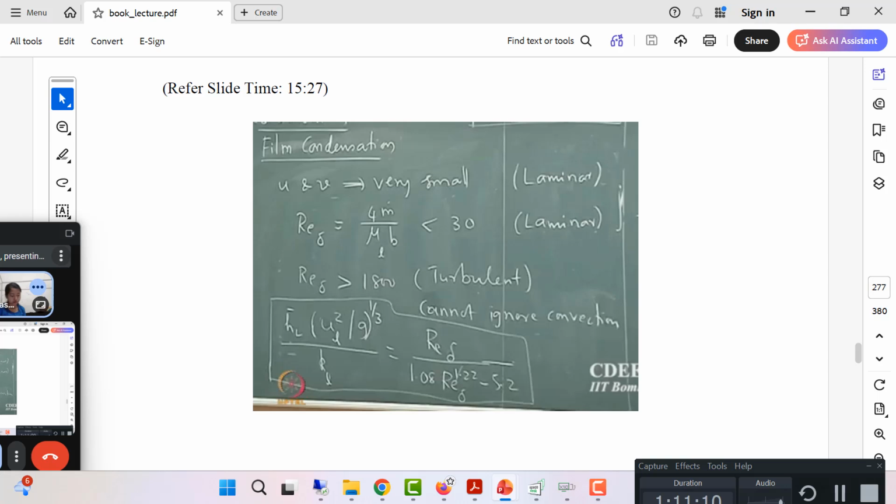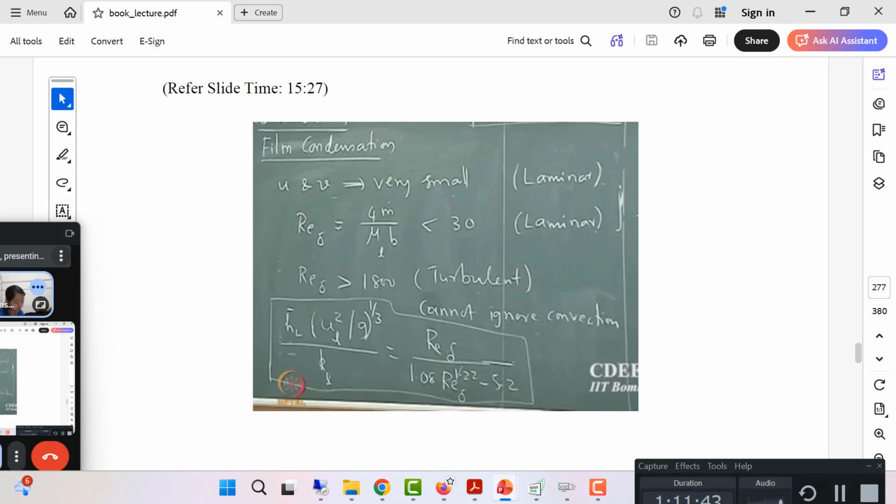But you may not do all this also. From here itself you can find out HL, then m dot you can find out from this Q thing. So from here we get this HL bar is equal to this, right?